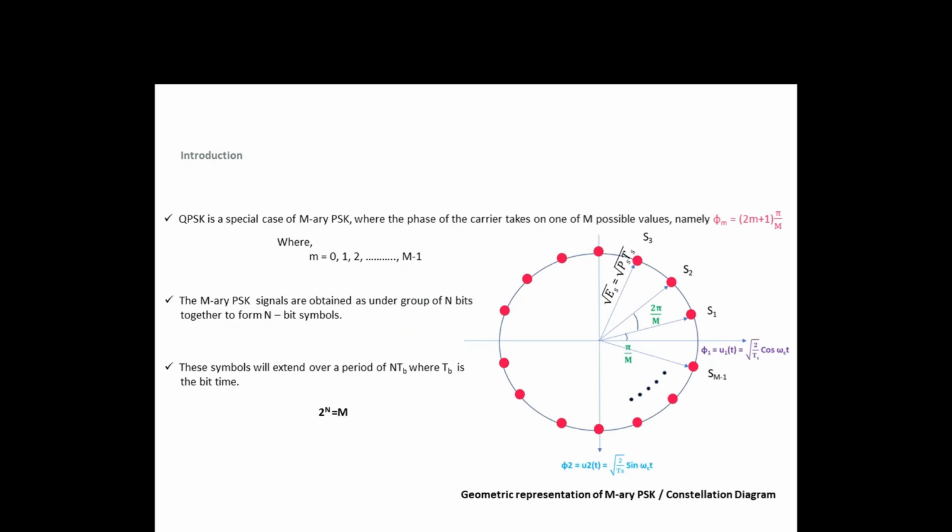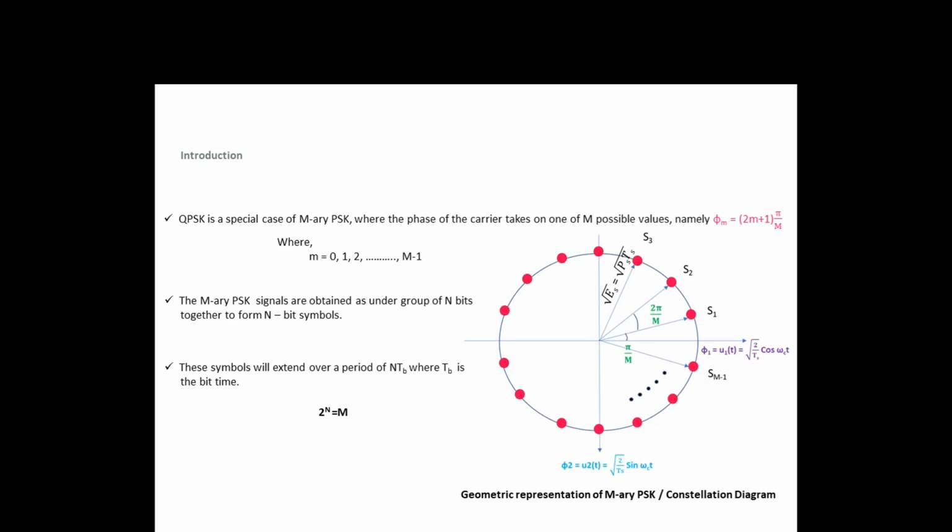So we can say QPSK is a special case of M-ary PSK, where the phase of the carrier takes on one of M possible values, namely phi_m = (2m+1)π/M, where m = 0, 1, 2, up to M-1. The M-ary PSK signals are obtained by grouping n bits together to form n-bit symbols.